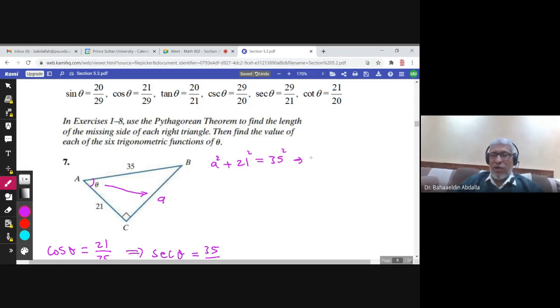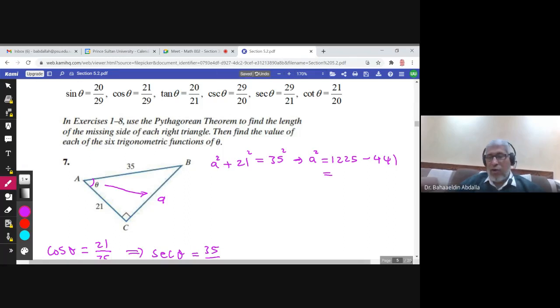So A square would be 35 square minus 21 square. 35 square is 1225, and 21 square is 441. So A square would be 1225 minus 441.